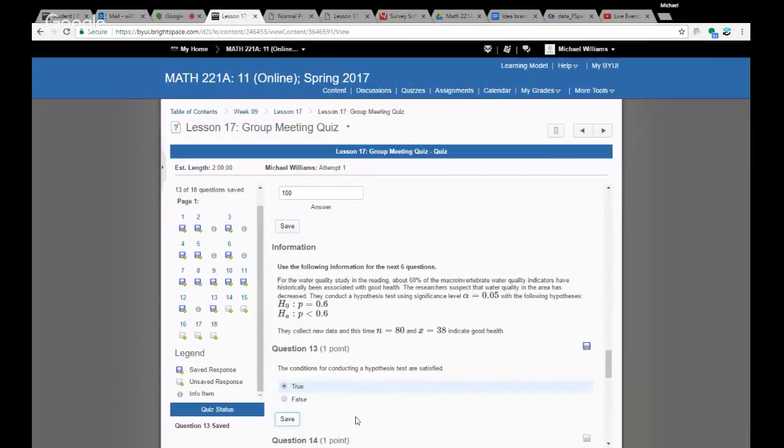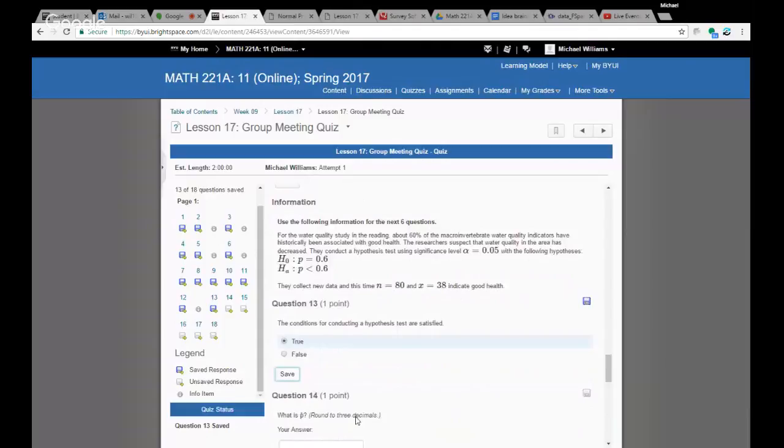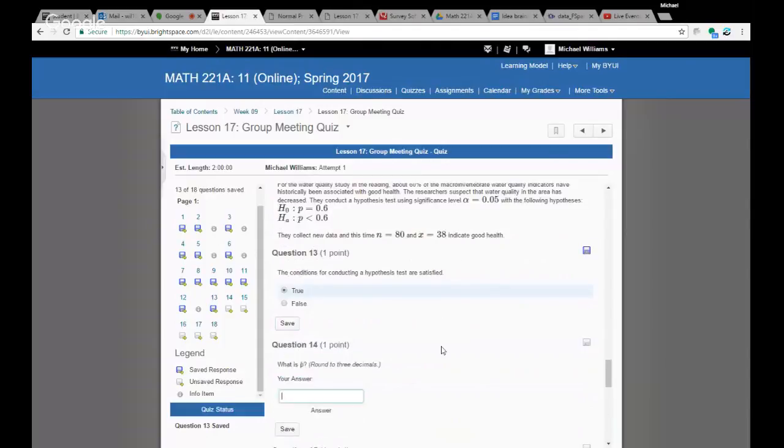So the conditions are satisfied. And what is p hat? 0.475. Yeah, you would almost think we should put what is p hat before the other question, because you have to figure out p hat to determine if the conditions are satisfied.